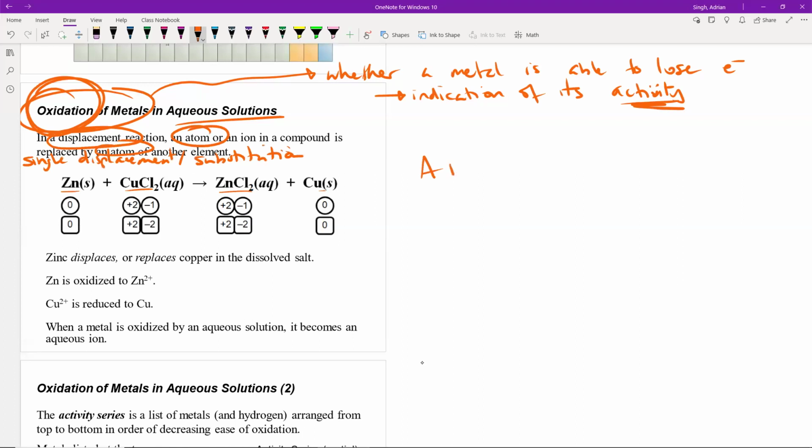So generally, we saw this before. If I have an element A reacting with a compound BC, A can possibly replace B to make a new combination AC, and then B is kicked out on its own.